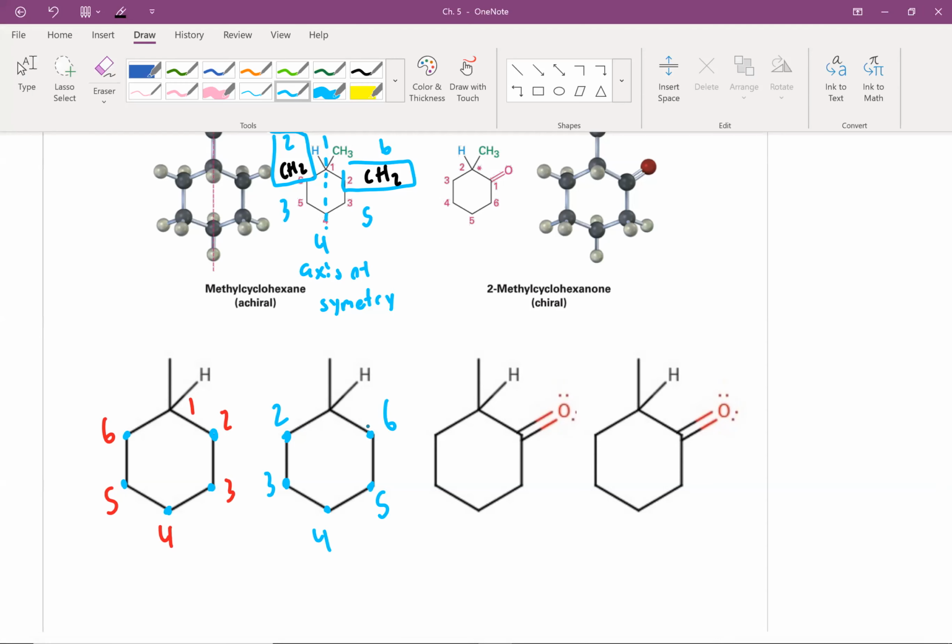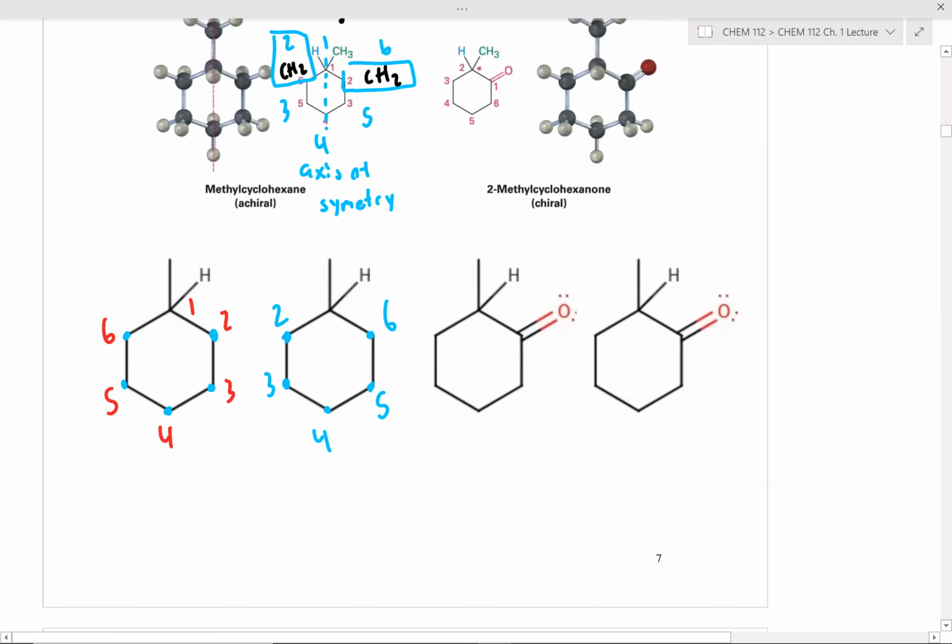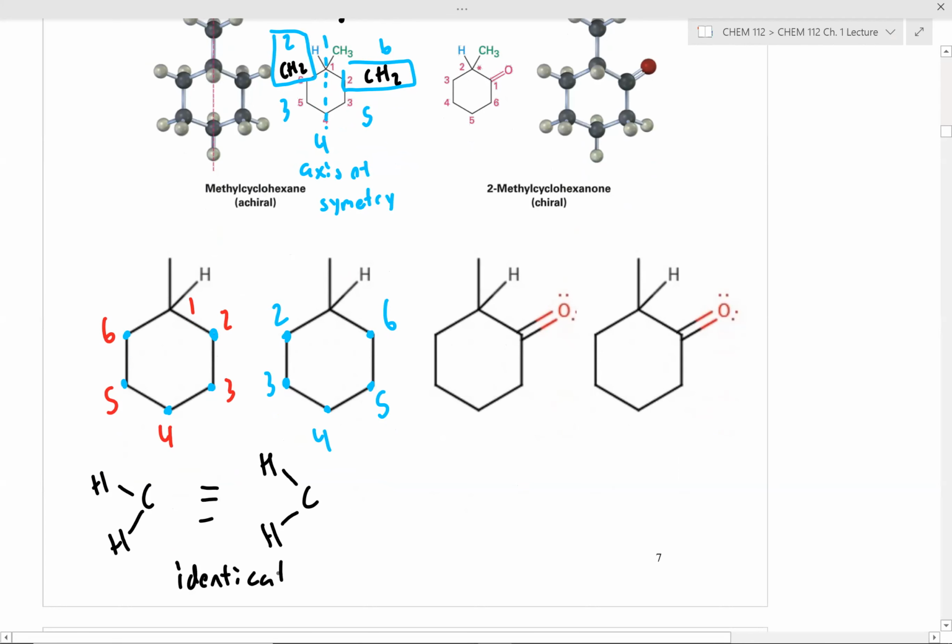At all of these carbons, the only substituents we have are carbon with 2 hydrogens attached, right? So no matter whether we count clockwise or counterclockwise, our substituents are identical. And as a result, we can clearly see there's a vertical axis of symmetry dividing our molecule.